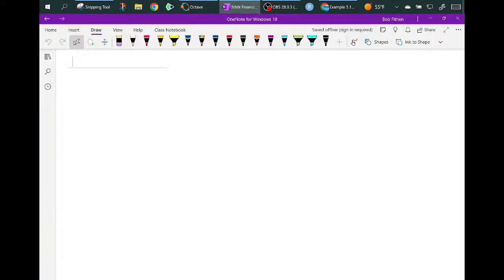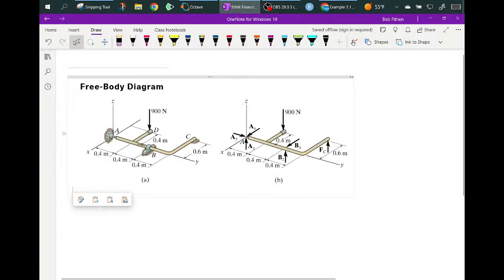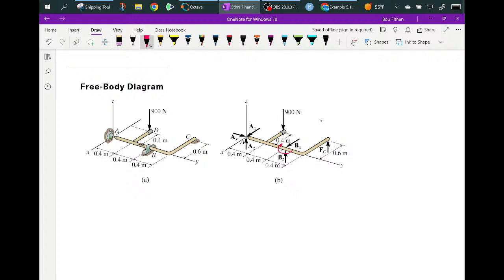I contend that in addition to what he's got, this thing could take a moment along here, and a moment which, if you were to draw this in vector form, it could take a moment around that axis, and it could take one around that axis, meaning it can do that or do that.